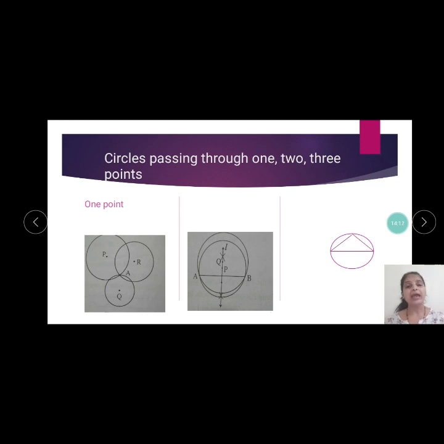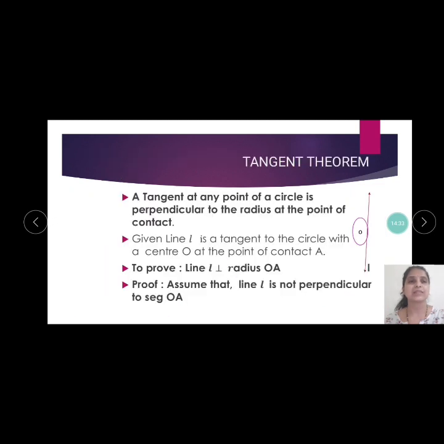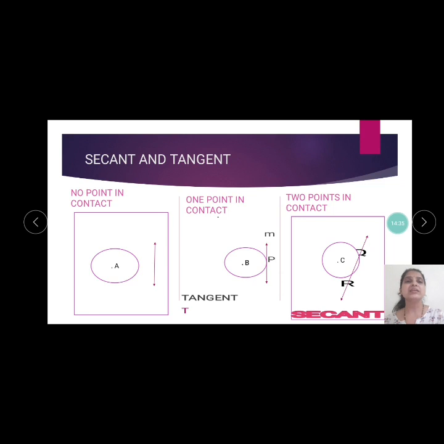And if you take 3 collinear points, then not a single circle can pass through them. These are very interesting activities, and I ask you all to just try them. You will enjoy doing that. Then comes tangent and secant. The very first one is no point in contact.